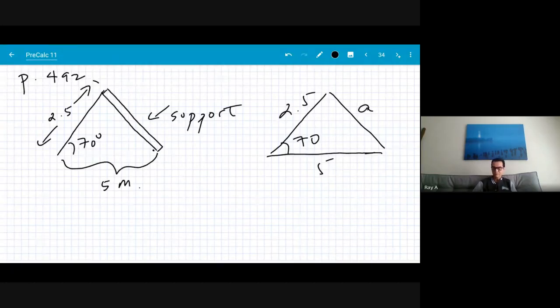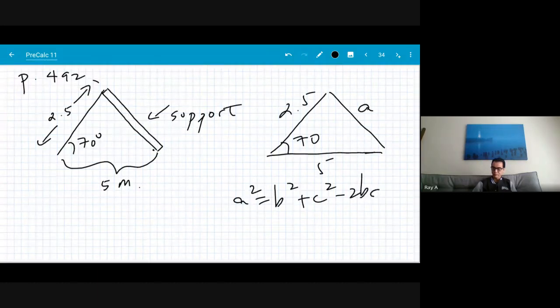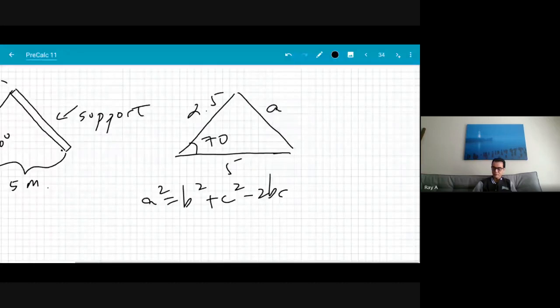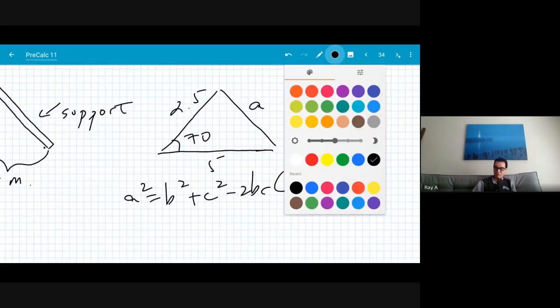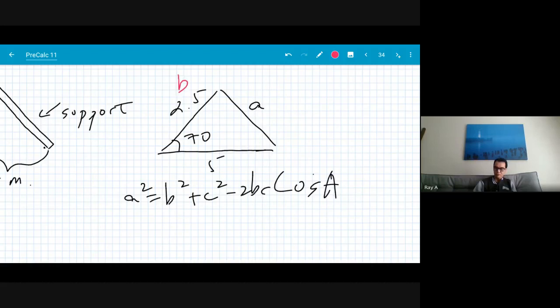Let's call it side A. To find side A, that would be A squared equals B squared plus C squared minus 2BC cosine A. So this is side B, and this is side C. Let's plug in the values.